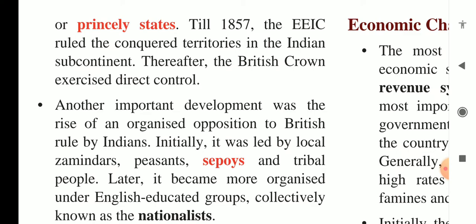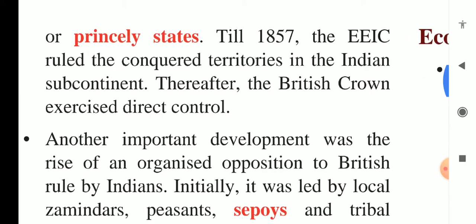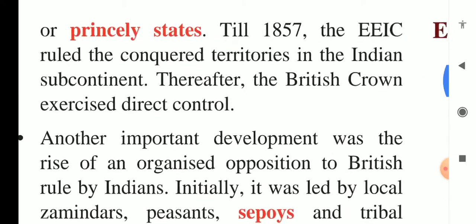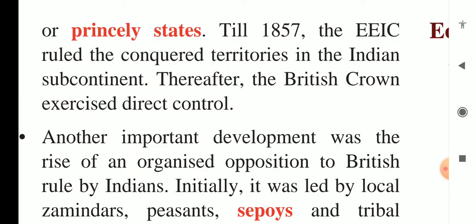Let us see. Till 1857, the EEIC. What is the meaning of EEIC? The English East India Company ruled the conquered territories in the Indian subcontinent. So from 1757 to 1857, 100 years, the company itself ruled over the Indian subcontinent. That means India was controlled and ruled by a company, not a country.